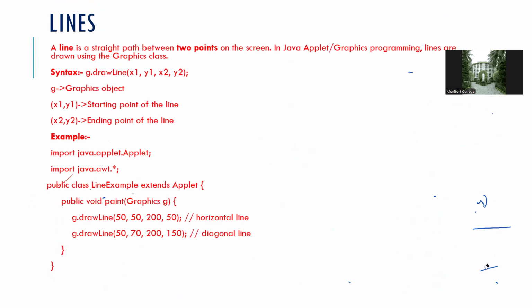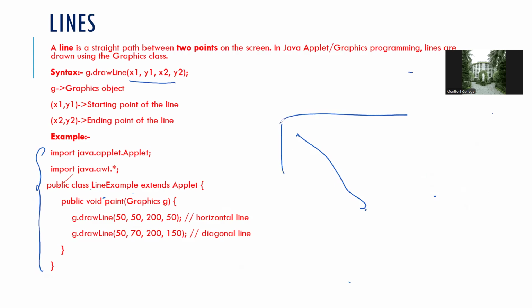To draw a line, we know very clearly we need two sets of coordinates: one is x1, y1, and the other is x2, y2. So this is the program for a line. From the first point to the second point, a line will be drawn in the applet window.